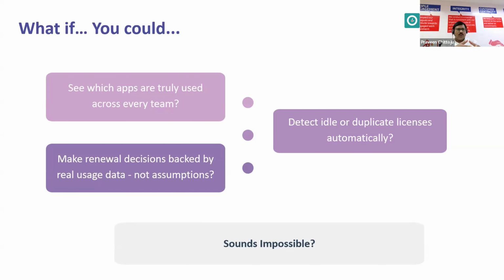If you can detect idle and duplicate licenses automatically, you can make renewal decisions backed by real usage data, not on an assumption basis. We need to focus on where the tools are, how we are using them, and how the teams are using them. We must have a clear picture of it.